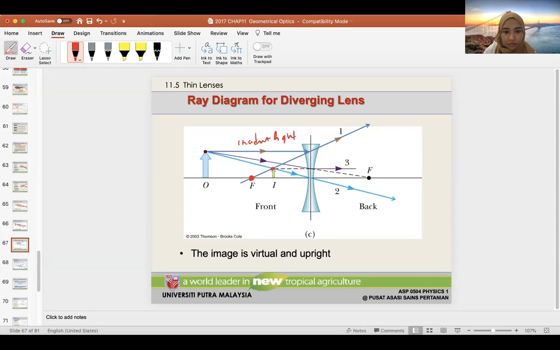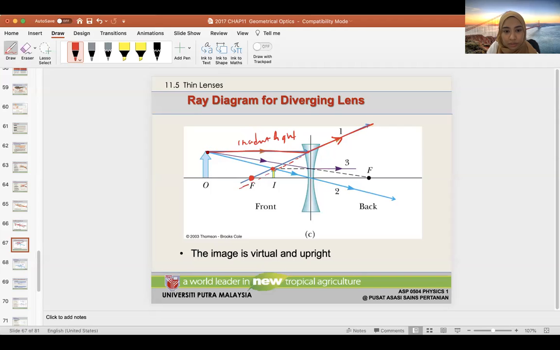So let's draw your parallel line, goes into the focal point, extend. Wrong, extend at the back. Extrapolate, straight line. That's your first ray. It should be like this, diverge. It should be a dotted line, because we know that light is supposed to be refracted.